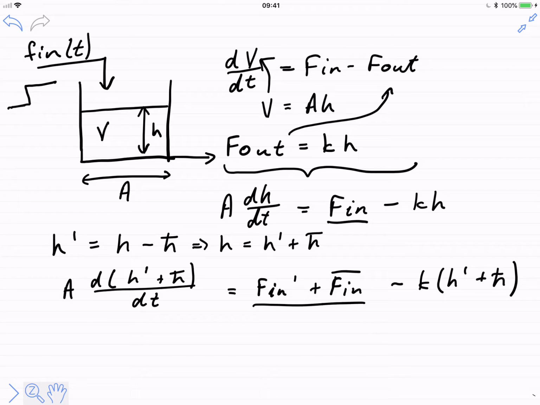You'll see this pattern emerging basically every single time that we do a problem like this, right? The first thing is that the derivative of a deviation variable is the same as the derivative of the original variable. This is just because we're adding a constant, right? And so that will always simplify in this way.